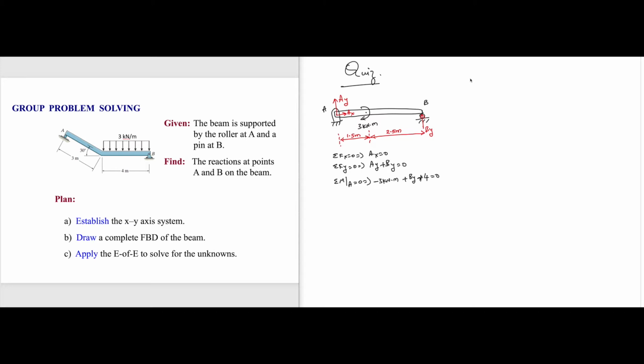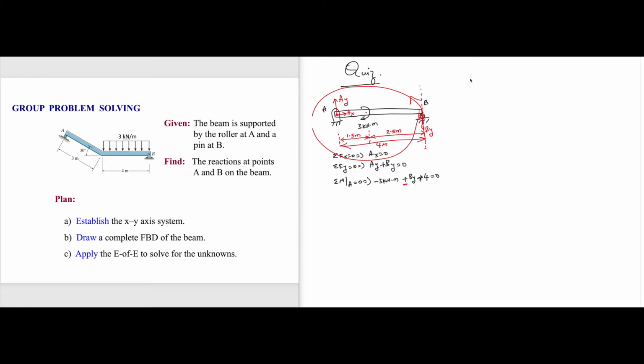Because the line of action of By is here, the distance from A to the line of action of the force is 4 meter. And this is rotating counterclockwise. At this point of time, you should be aware of that. So it's counterclockwise because By, with respect to A, is giving a counterclockwise moment.